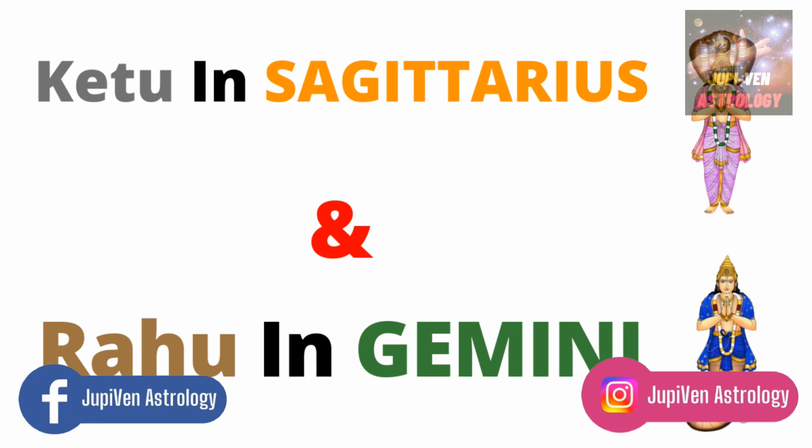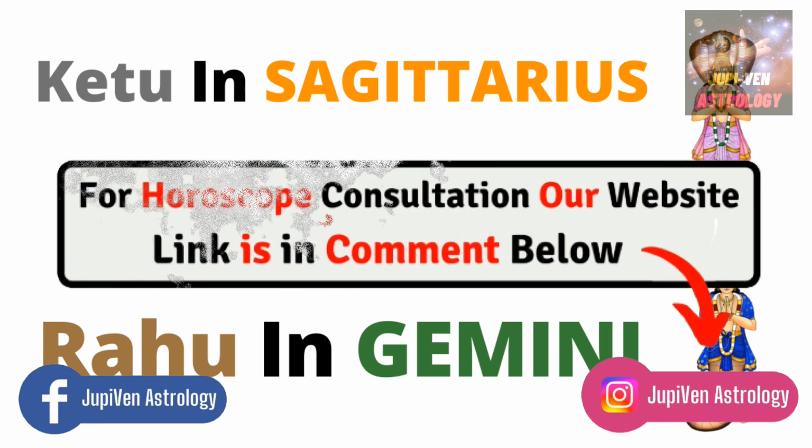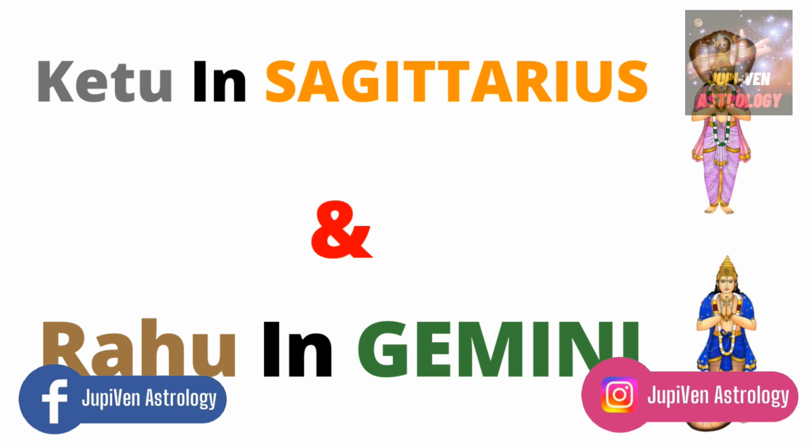Now, this placement of Ketu in Sagittarius and Rahu in Gemini produces writers, spiritualists, philosophers, teachers, religious leaders, and you may see dictators also with this. Compulsive gamblers sometimes, if it works in a negative way, politicians, stockbrokers, speculators, risk takers, explorers, philanthropists, athletes, sportspersons.